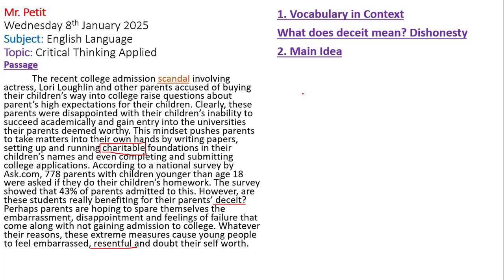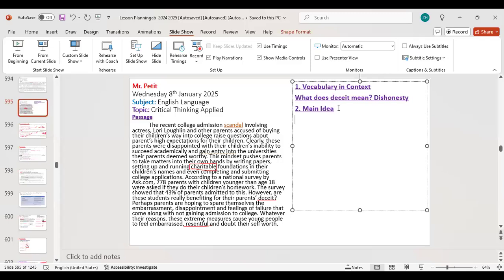Now let's look at the main idea. So what is the main idea? Should I give y'all options or y'all go figure it out? Options. All right. Is the main idea to highlight the benefits of helping children succeed academically?